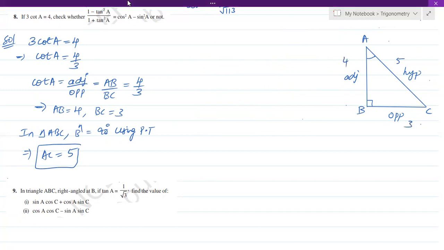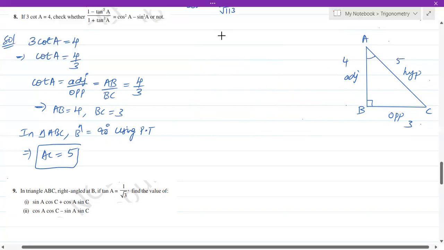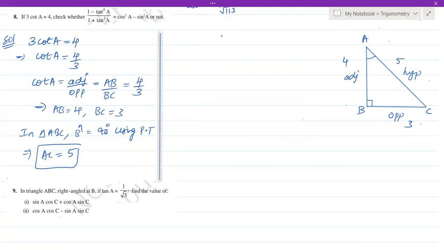Now we have to check whether 1 minus tan square A by 1 plus tan square A is equal to cos square A minus sin square A or not. First, let's consider the LHS, that is 1 minus tan square A by 1 plus tan square A. Okay, that is equal to 1 minus, what is tan A?